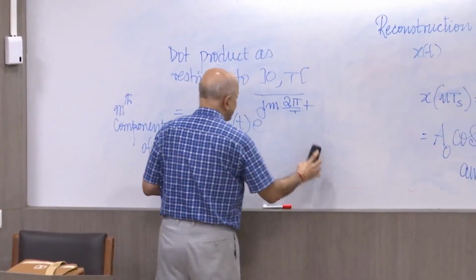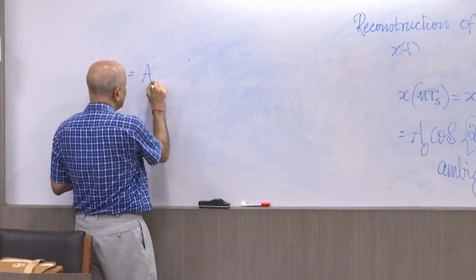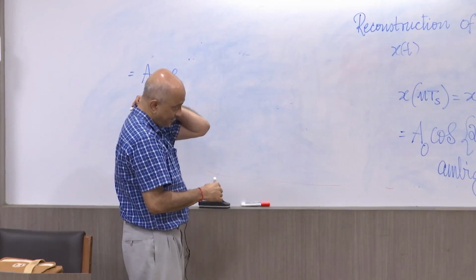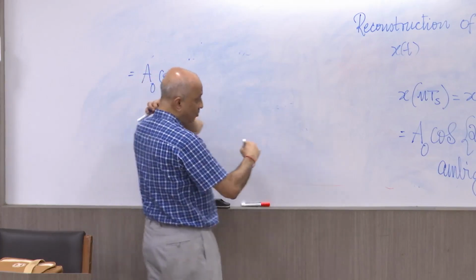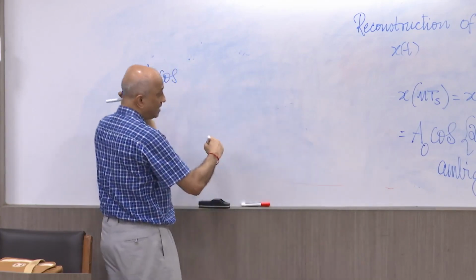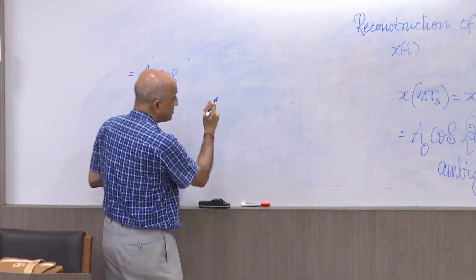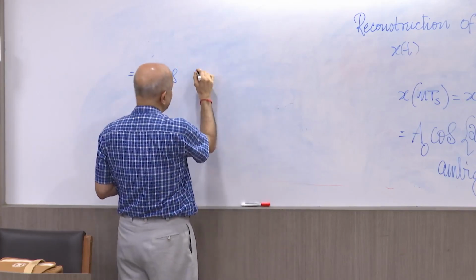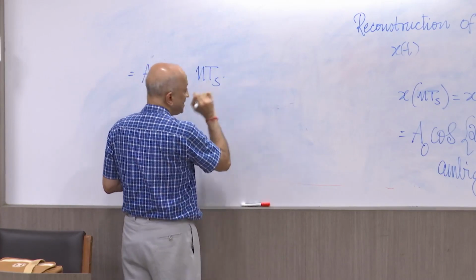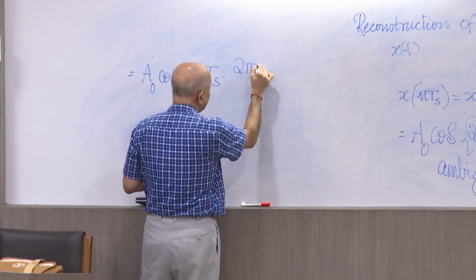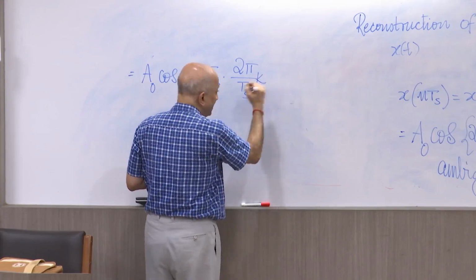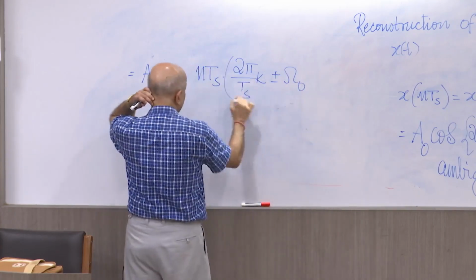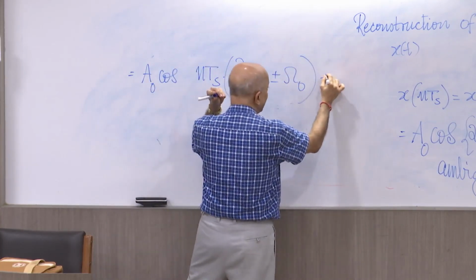Now let us rewrite this a little bit. You have n anyway, so you want to take nts common here. So nts, and which frequencies? 2 pi will have to be divided by ts, times k, plus minus omega naught, and then plus minus phi naught.